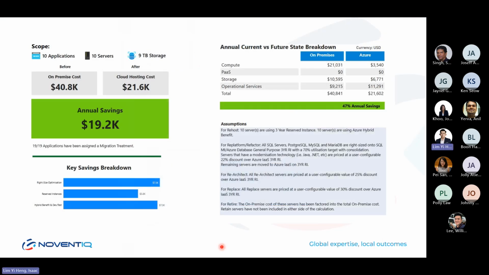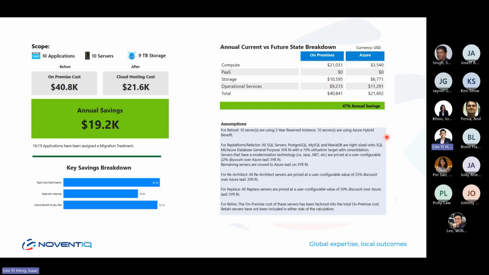Coming to the next slide, talking about the TCO, if we continue to run on-premise, this will be the costing, about 40.8 thousand per year. When we move to the cloud, the estimated costing will be 21.6 thousand per year, and annual saving will be up to 19.2 thousand, which is almost 47% annual saving.